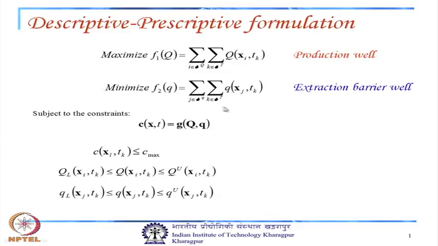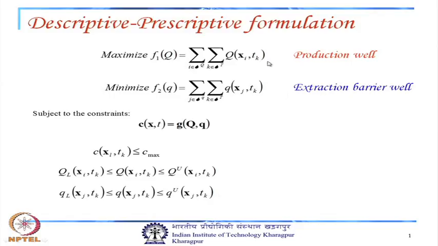In the case of a simulation optimization problem, we directly use the simulation model as a binding constraint within our optimization model, but we link it externally using any ready-made simulation model, or we can write our own code, but we link it externally with the optimization model.